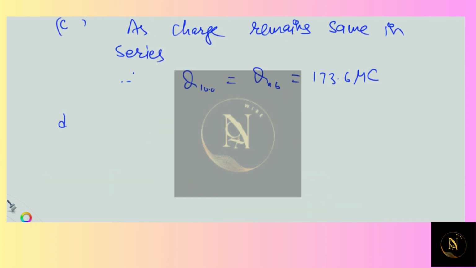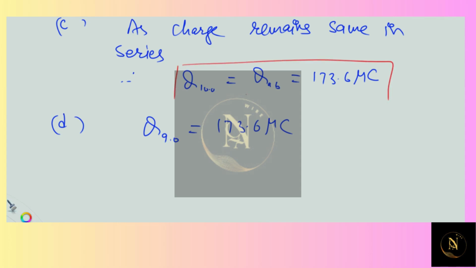Similarly, in the fourth part of the problem, the charge over the 9.0 microfarad capacitor will also be 173.6 microcoulomb. So these two are the answers for the third and the fourth part of this given problem here.